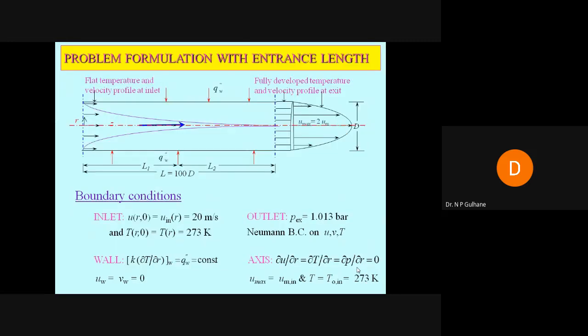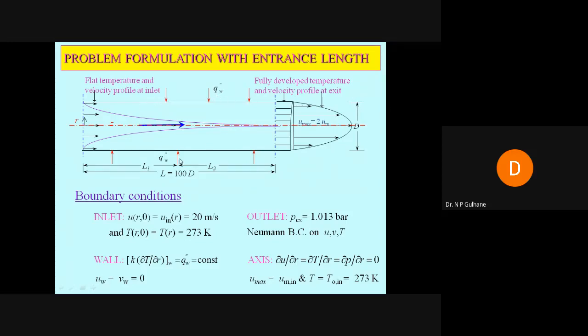Now the same problem we have formulated with entrance effect. Here we have written that it's a problem formulation but with the entrance effect. So what is the difference? Except at inlet, everything remains the same. It is a fully developed profile at the exit, unlike the previous geometry where Umax is equal to 2 times Um, and over the diameter D, the entire surface is subjected to constant heat flux.